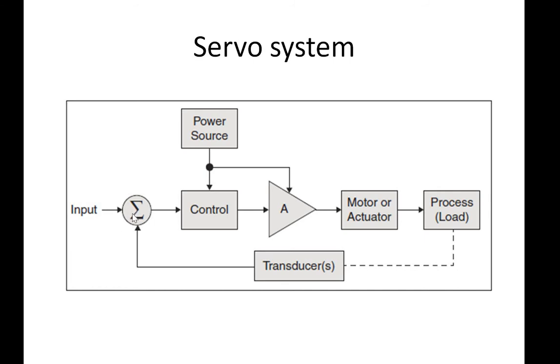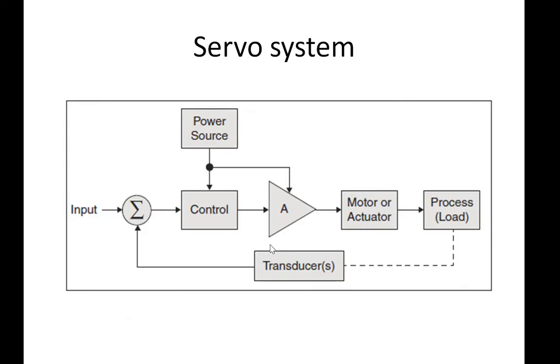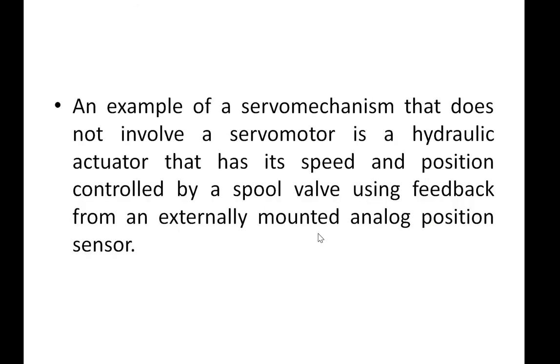That feedback is a negative feedback, as you have seen earlier, where the error is subtracted from the output. So the error is subtracted, and whatever the difference is goes to the actuator, and the servo system works on that principle.